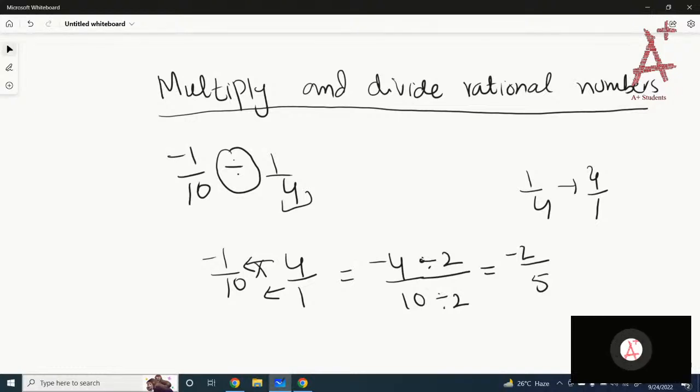Okay. The next one is 1 by 10 divided by 1 by 6. So again we have to do the same. We have to convert that division problem to a multiplication one, replacing the division sign with multiplication by taking the reciprocal of this one.